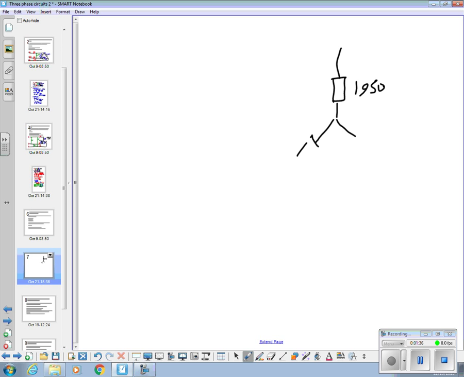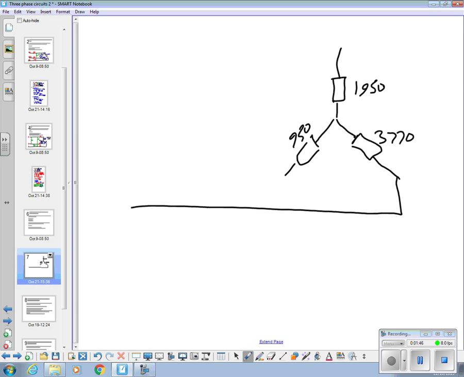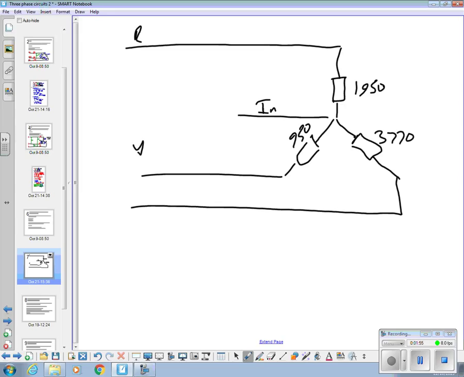Yellow is there. That was 950, wasn't it? Blue, 3770. We've got a neutral off the middle, IN, and we've got red, yellow, and blue.